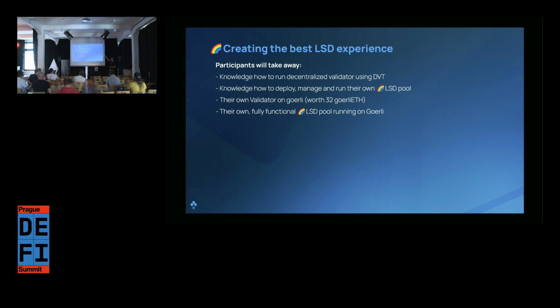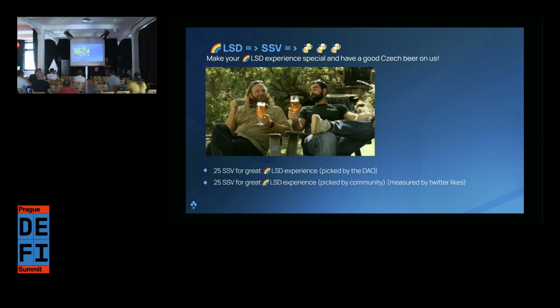So with this workshop, let's talk about incentives. I'll provide you with some Goerli ETH. They are hard to come by these days. So that's what we'll do. I think I talked about all of these points. And I have a little bonus for you that I requested from the DAO.